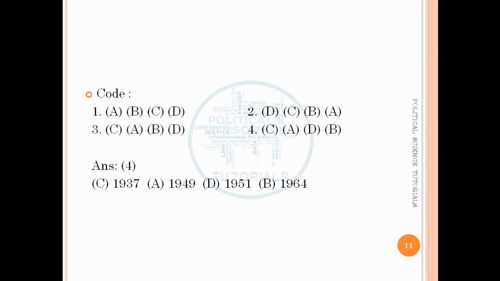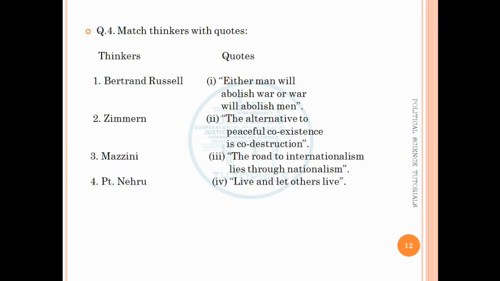A, Essays in Sociology, Theory, Pure and Applied was written in 1949. The Social System was written in the year 1951. B, Social Structure and Personality was written in the year 1964. So the answer is option 4, C, A, D, B.